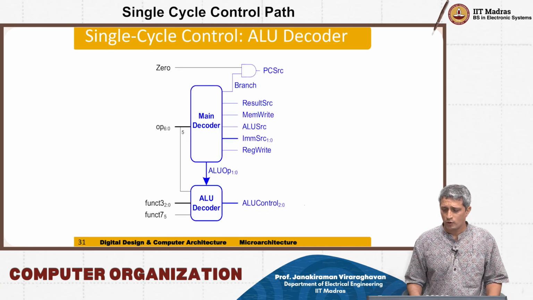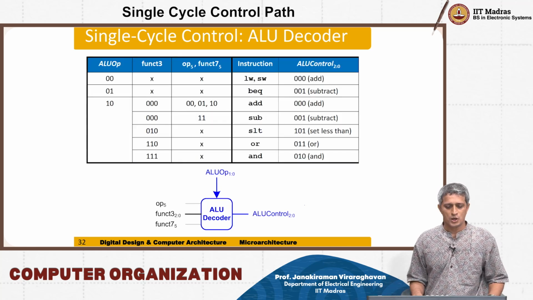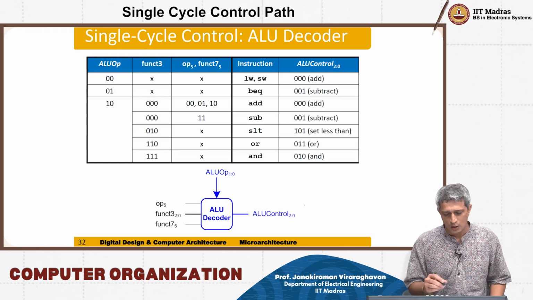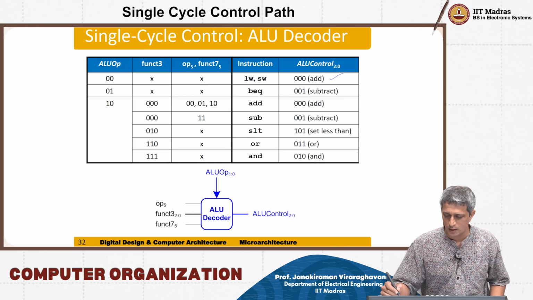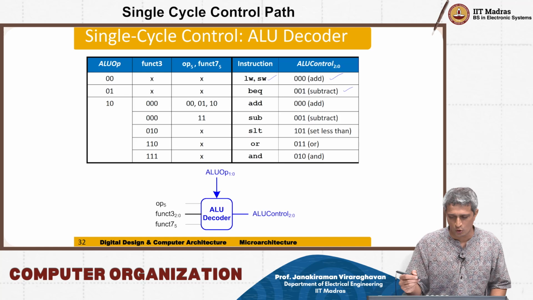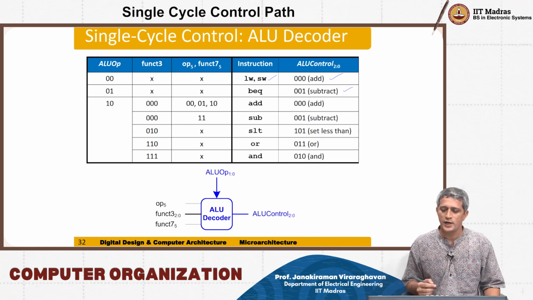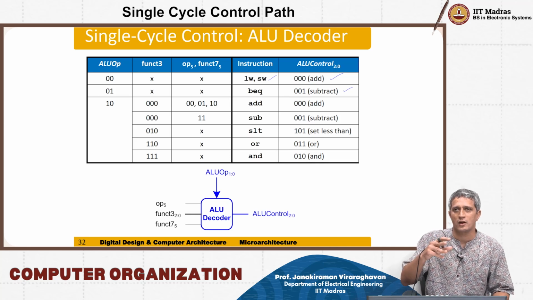Now let's get into the ALU decoder. So how are we basically getting this? You look at this ALU control: add, subtract, and so on. If you look at load word and store word, typically you are only doing an addition operation, because the immediate data is going to take care of subtraction.